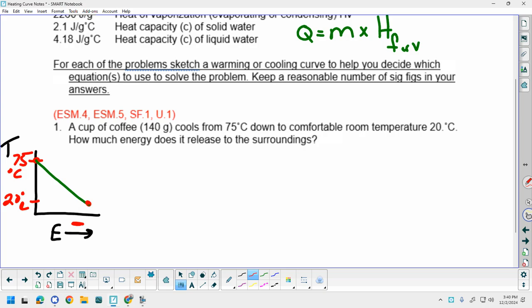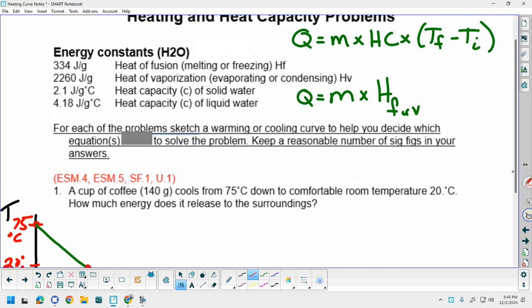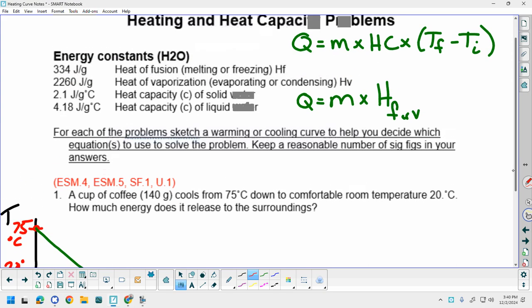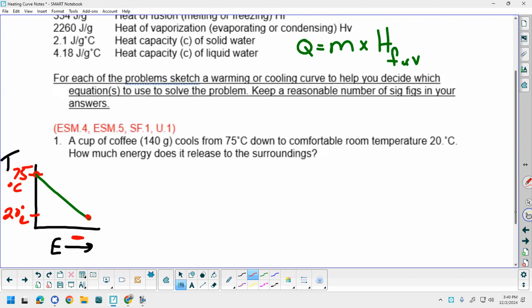So when I look at my equations, I've got my heat capacity, which deals with a single state of matter and its temperature change, or I have my equation for heat of fusion or heat of vaporization, which deals with changing states of matter. Well, coffee is basically 98%, 99% water, and what I have here is water that's cooling down.